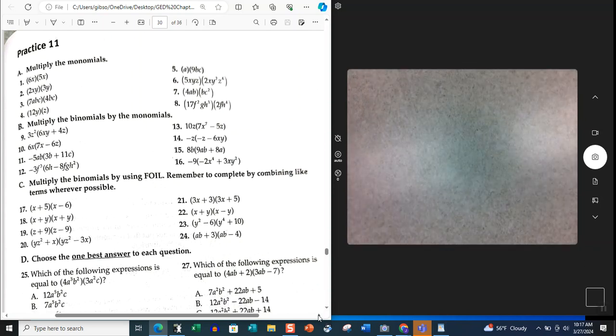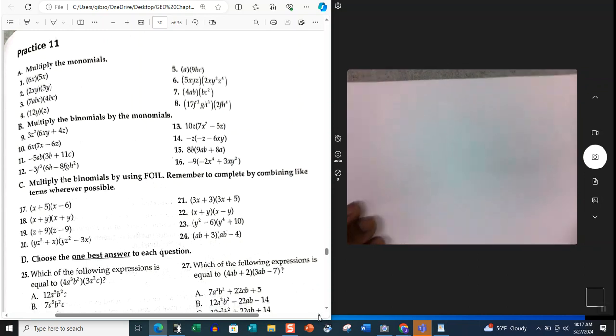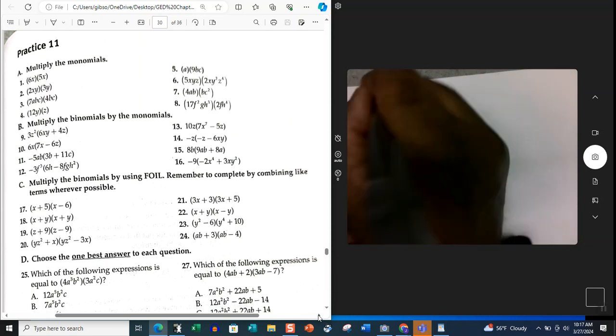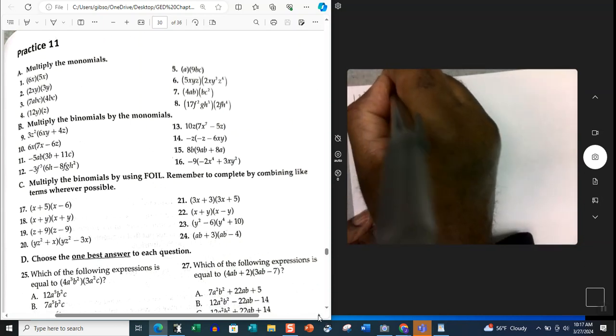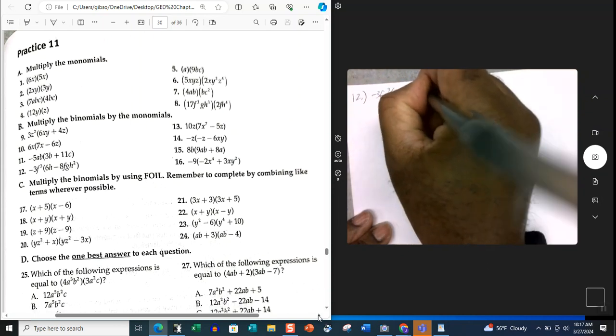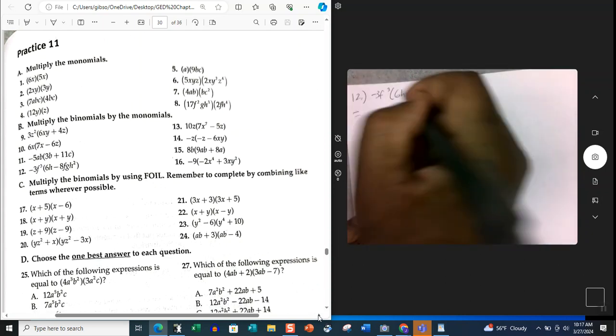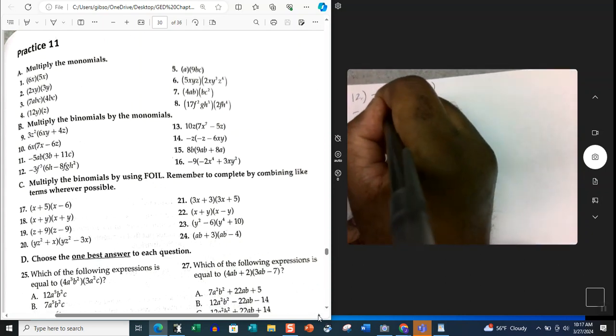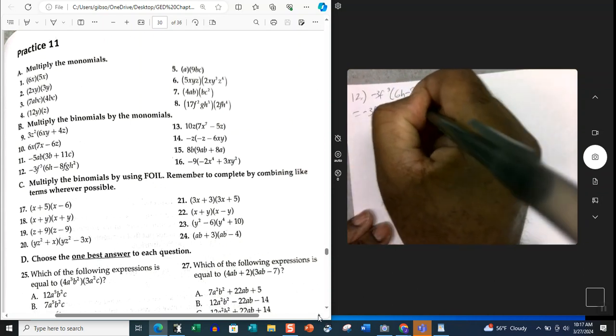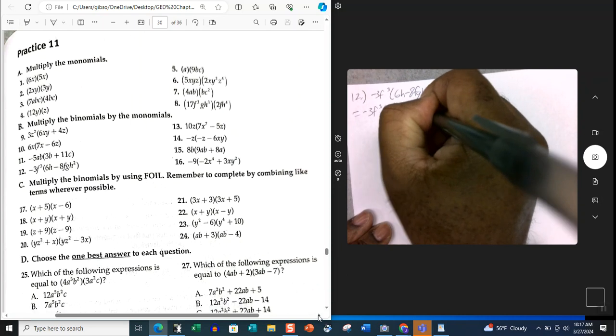Now we move on to problem 12. So problem 12, we have negative 3f cubed times 6h minus 8fgh squared. So we had negative 3f cubed times 6h and negative 3f cubed times a negative 8fgh squared.